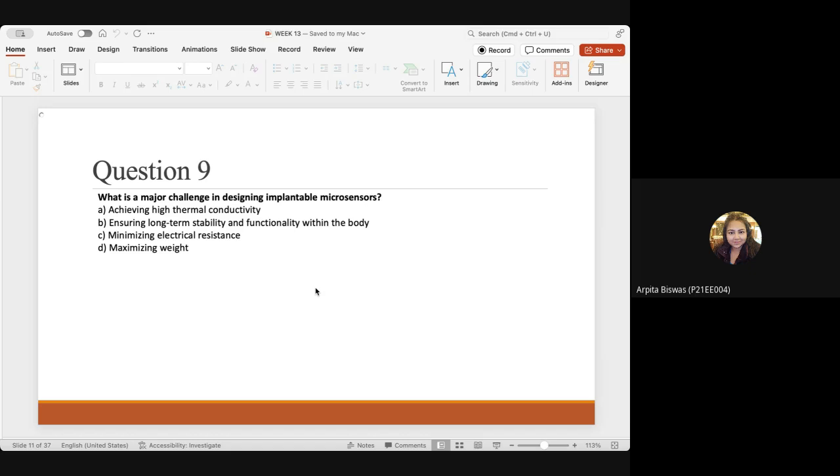First is achieving high thermal conductivity. Second, ensuring long-term stability and functionality within the body. Option C, minimizing the electrical resistance. And option D is maximizing weight.